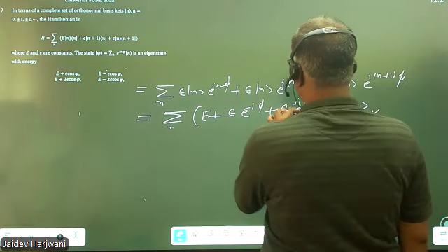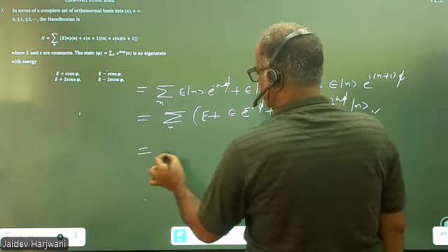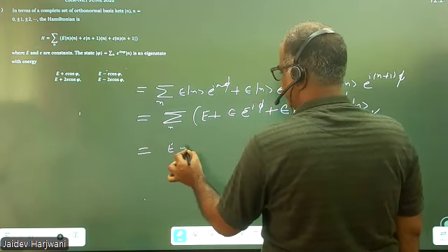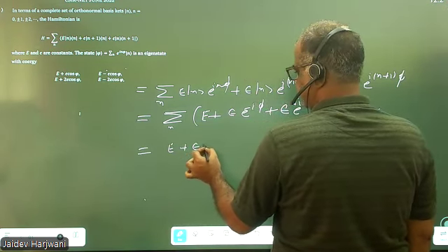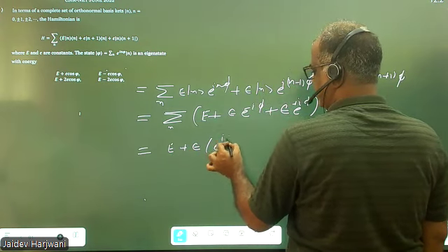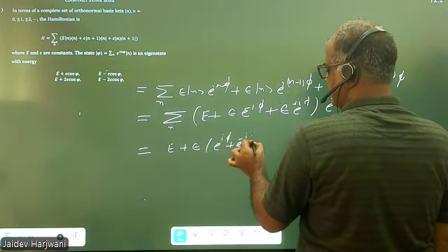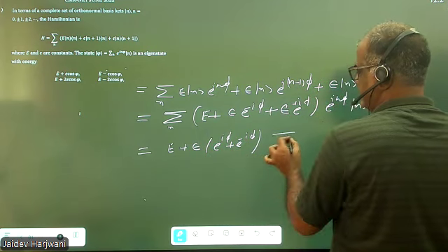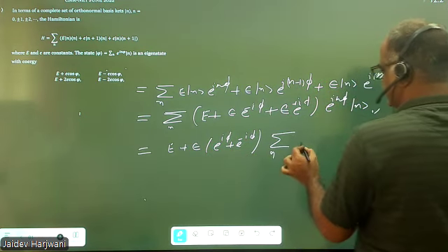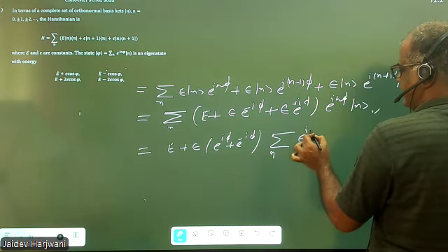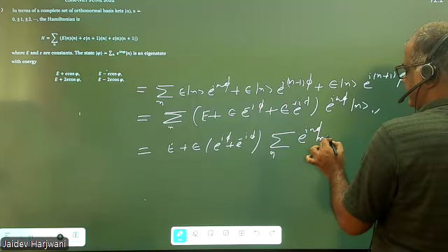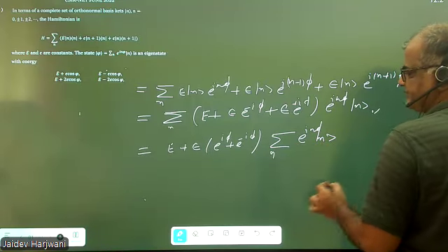Now this term is independent of n, so this will become E plus E common, times e to the power i phi plus e to the power minus i phi, and then the summation over n of e to the power i n phi |n>, which is my phi.